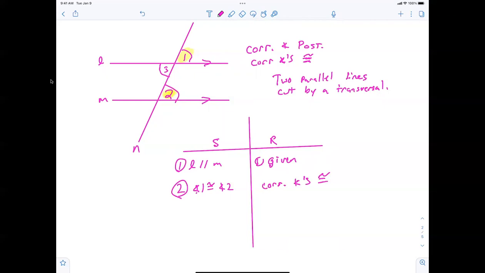Now what else can we say? Sorry, I should have put this up there. We're proving that angle 3 is congruent to angle 2. That's what we're trying to prove. What do we got, guys? Come on.